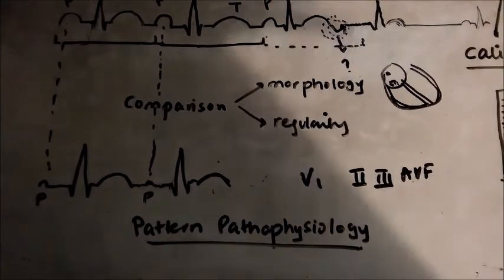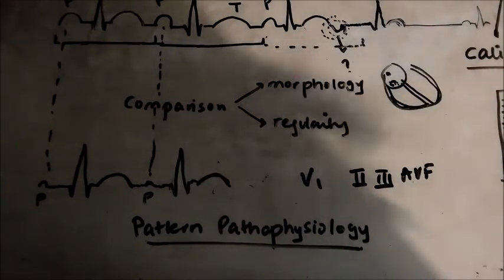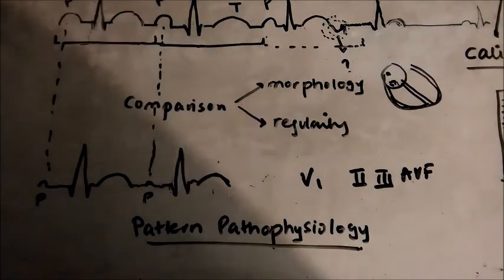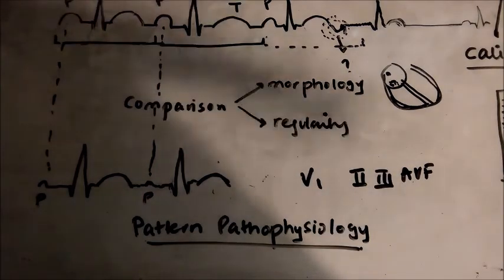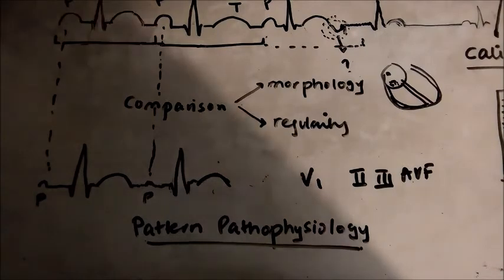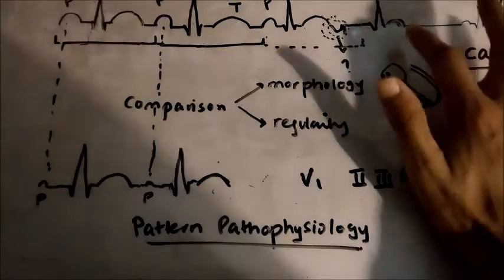This sinus pause occurs because this ectopic beat, when it fires, causes the SA node to think that there is some other pacemaker in the heart. There's some other area which is going to now take over from the SA node. And so once this ectopic beat goes away, the SA node is still taking its time to get back into its normal working state, and that's why you have this pause, right?